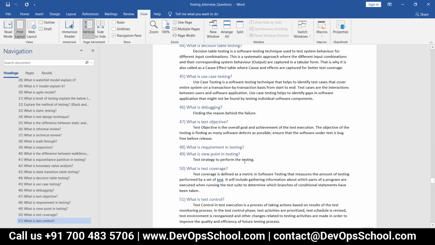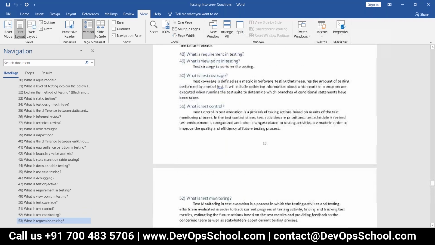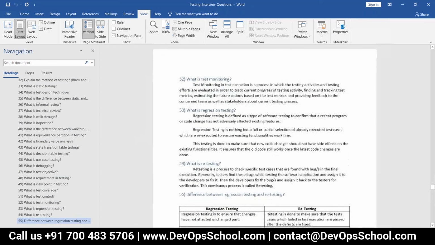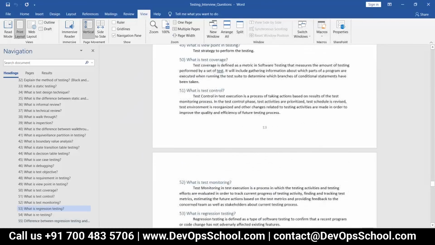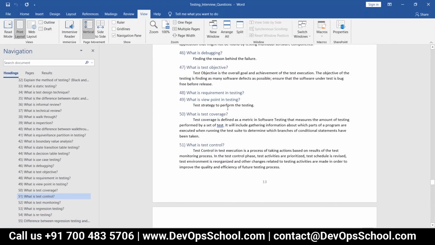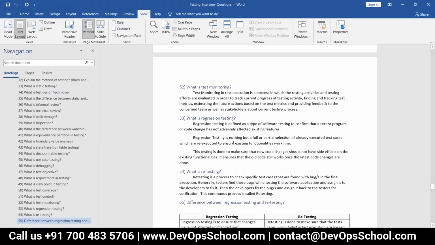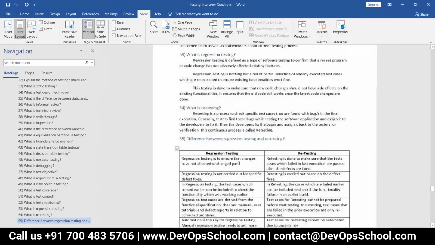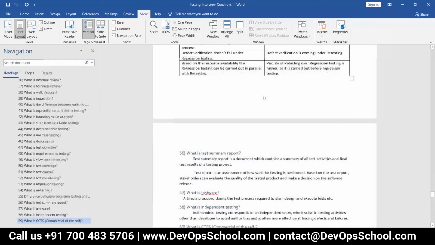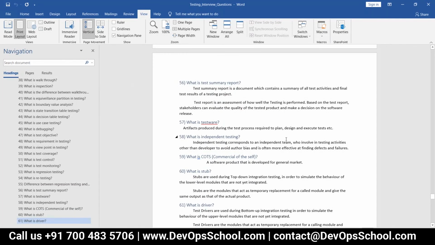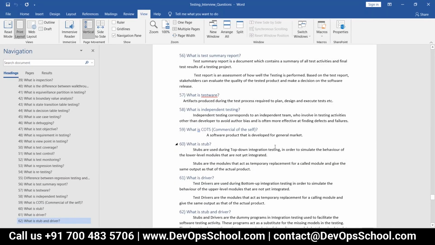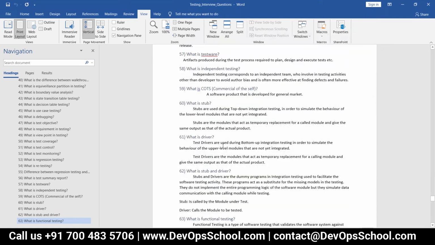What is a viewpoint? Test viewpoint, already written, one liner. Test strategy to perform the viewpoint. What is regression testing? I mentioned retesting and regression. Test summary report. What is COTS? What is a driver?